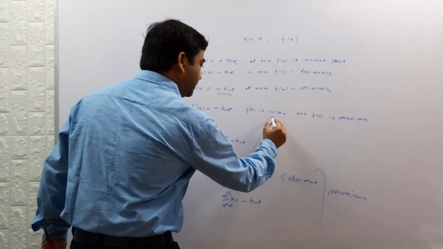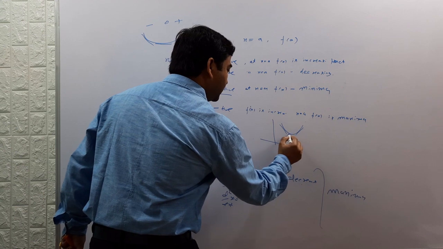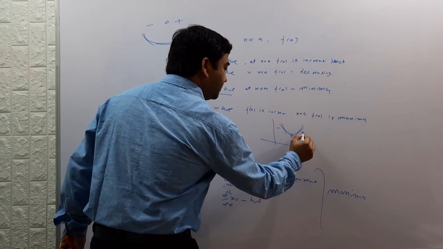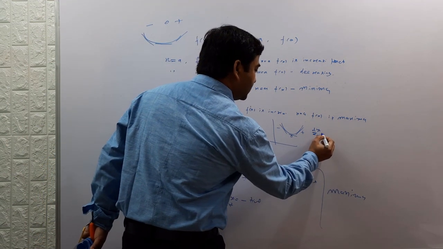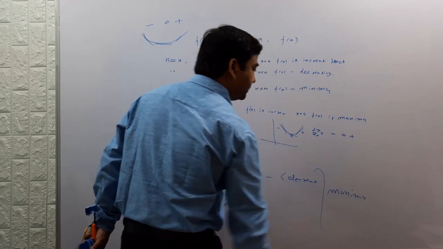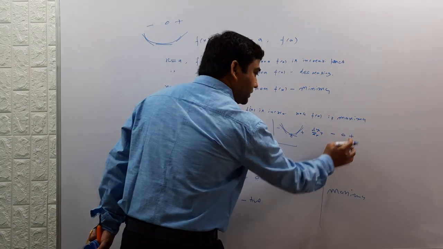Similarly, for a minima, this is the tangent: negative gradient, 0 gradient, plus. So dy over dx changes near the turning point from negative, 0, positive. Dy over dx is this.